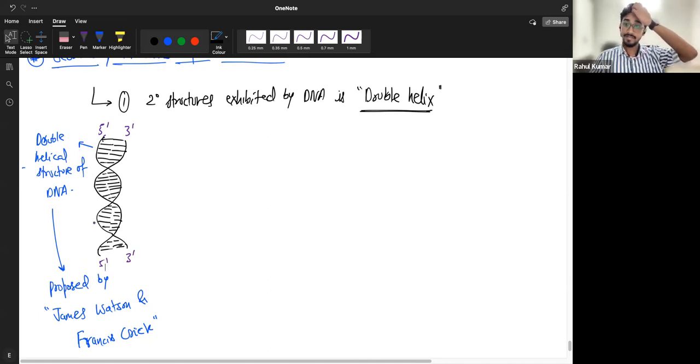So write down, the double helix model of DNA says that DNA has two strands of polynucleotides and both strands run in opposite directions.